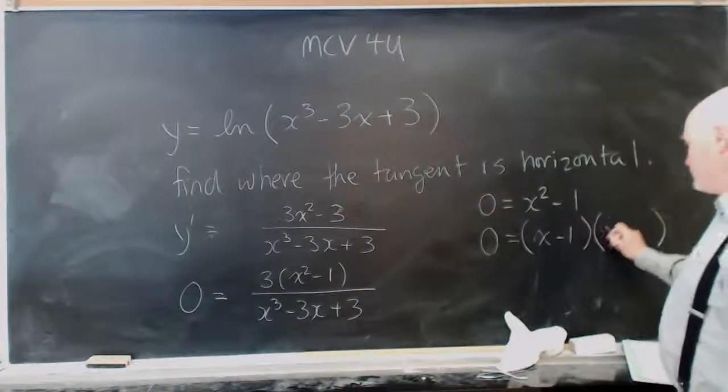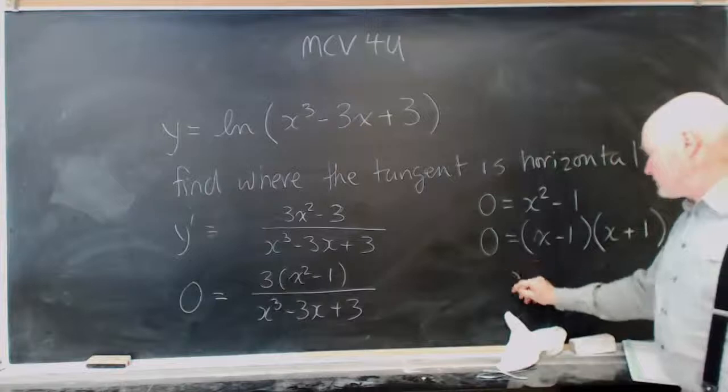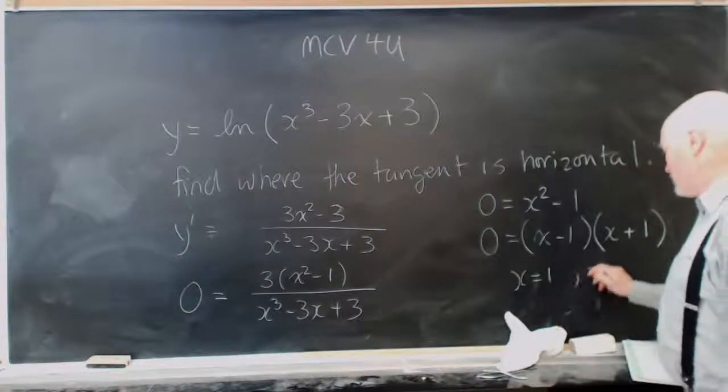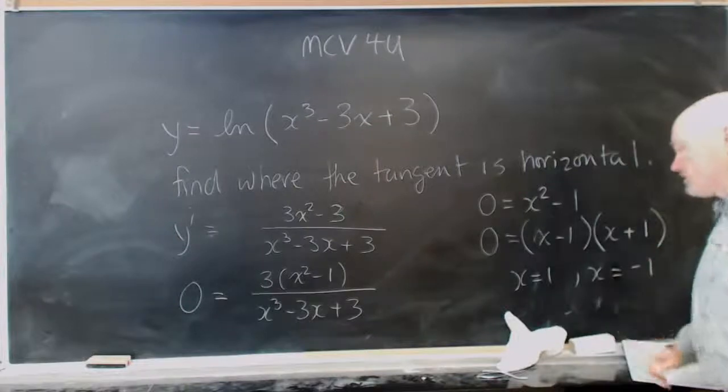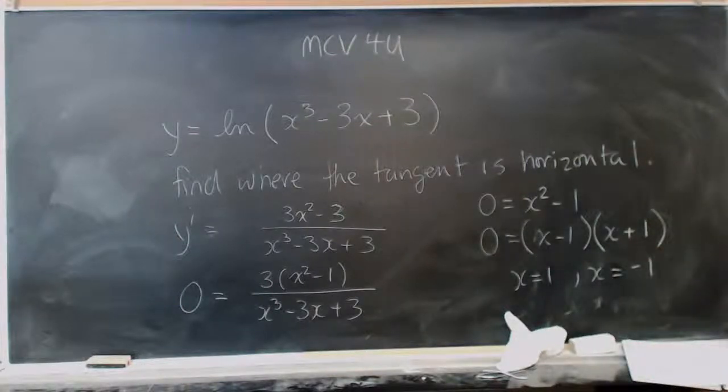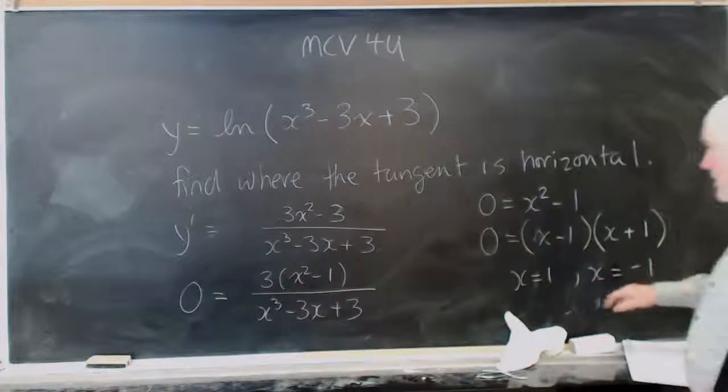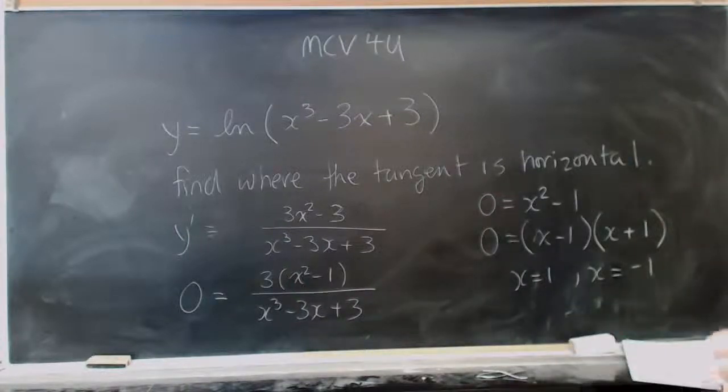That's right. And if I set those into the bottom, I can see it doesn't send my bottom to 0. So tangents would be horizontal when x is equal to 1 and x is equal to -1.